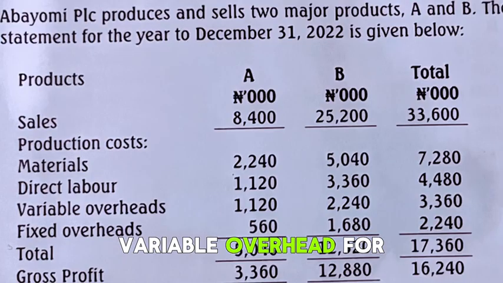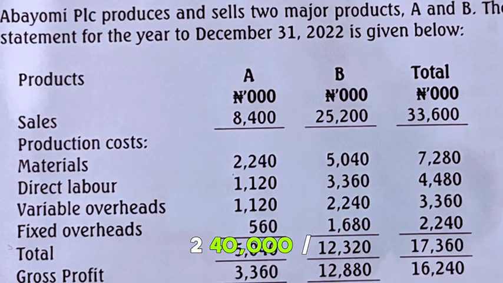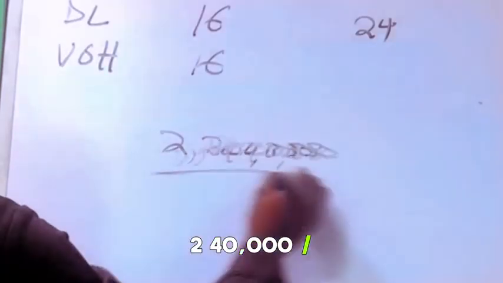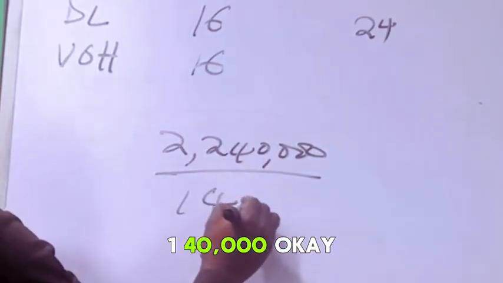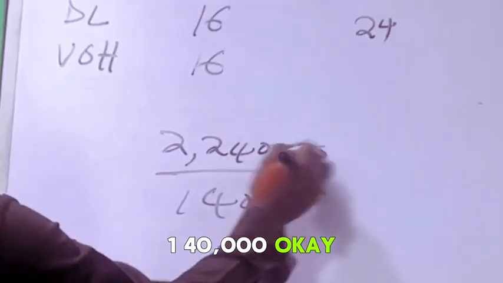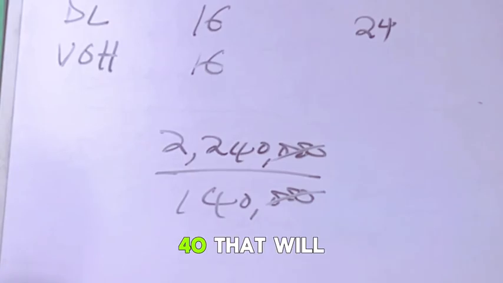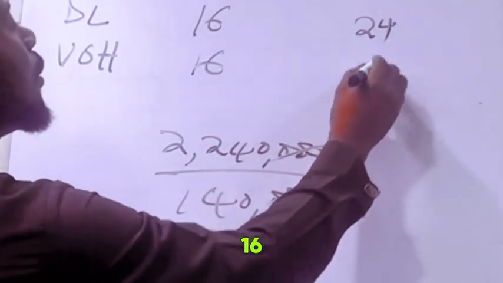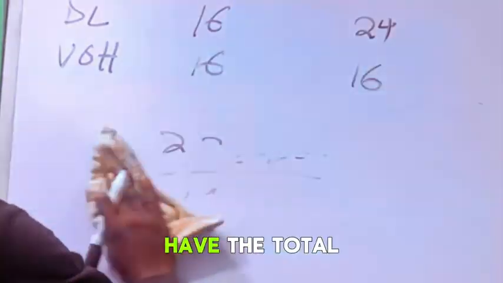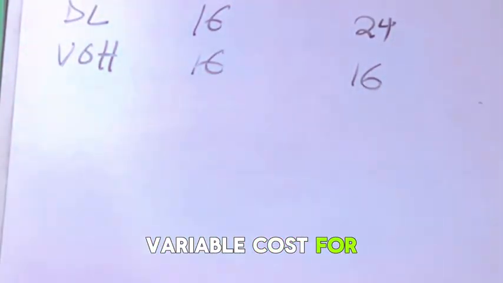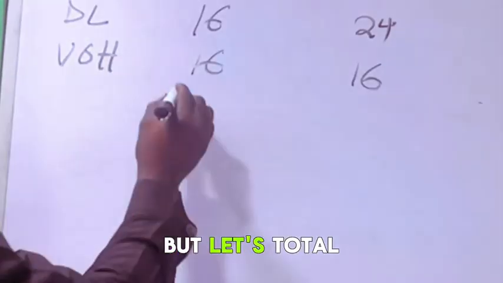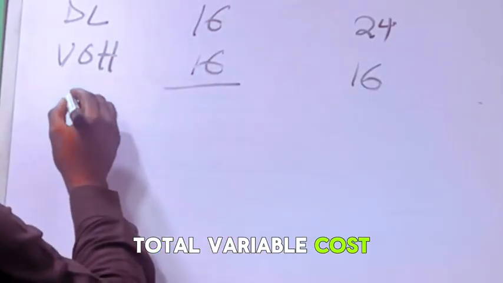And last but not the least, for B, we have variable overhead. Variable overhead for B is 240. So you have 240,000 divided by 140,000. Okay? This will give us 240 divided by 140. That will give us 16. So now we have the total variable costs for this. But let's total them to get total variable costs.